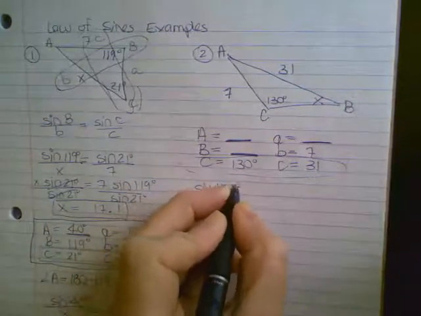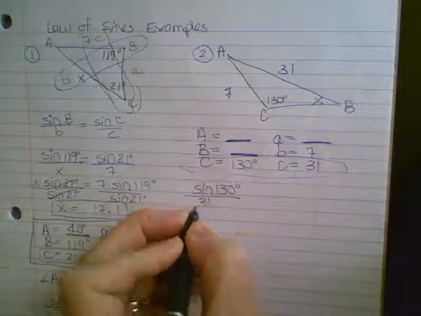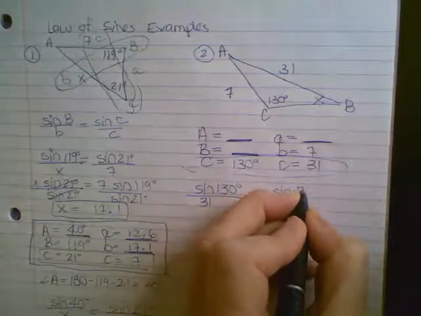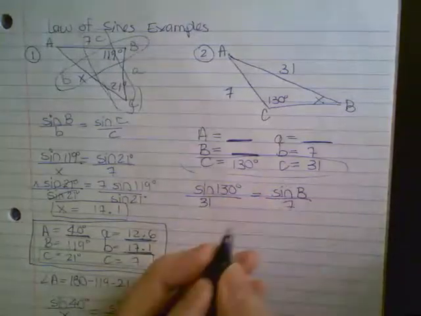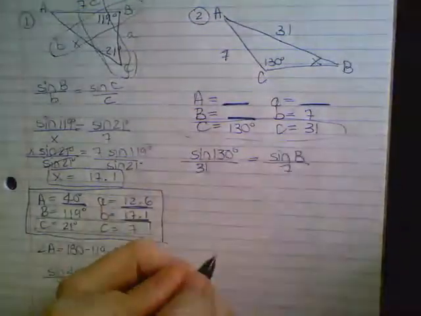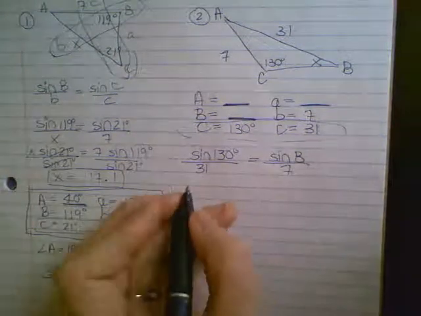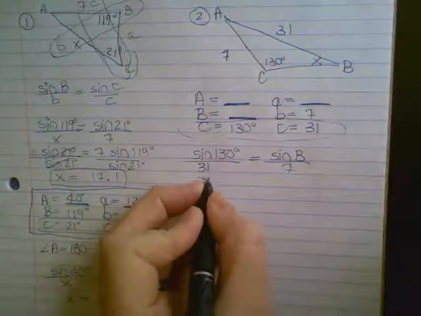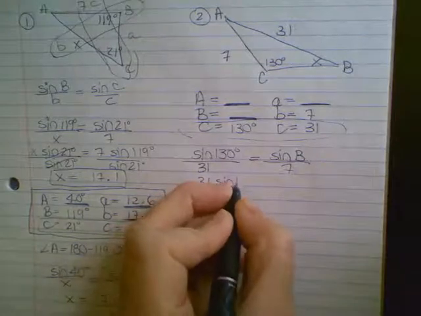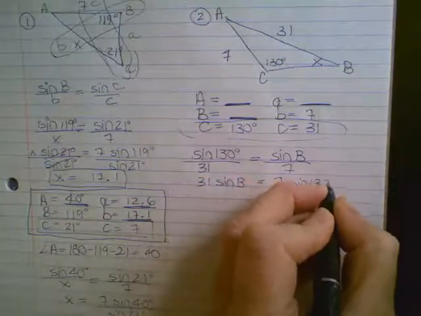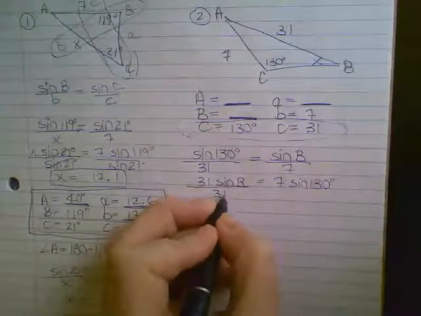Sine of 130 degrees divided by 31 is equal to sine of B over 7. Cross multiply. I'm solving for sine of B. So this is going to be 31 sine of B is equal to 7 sine of 130 degrees.